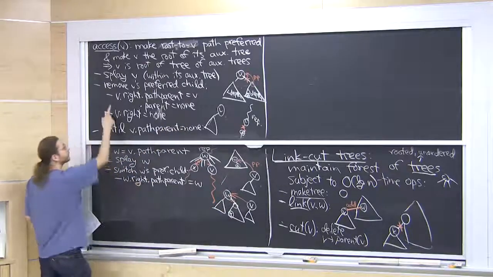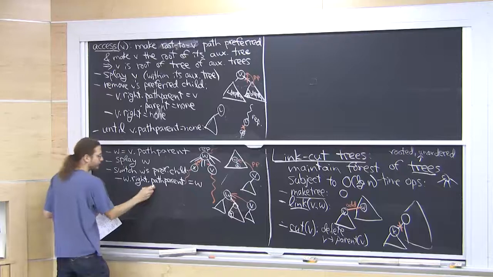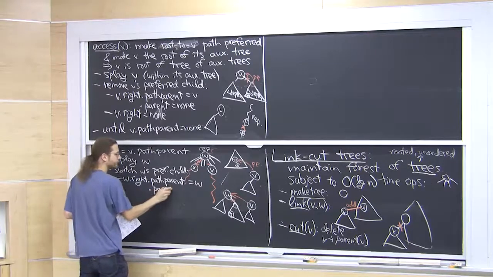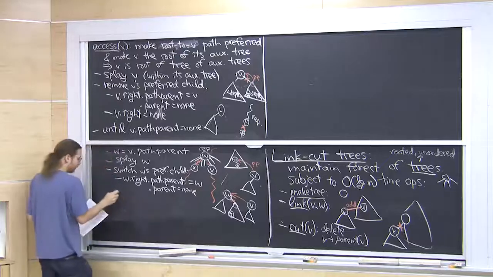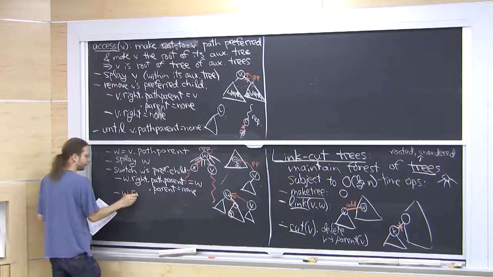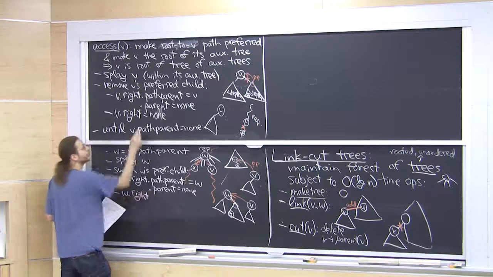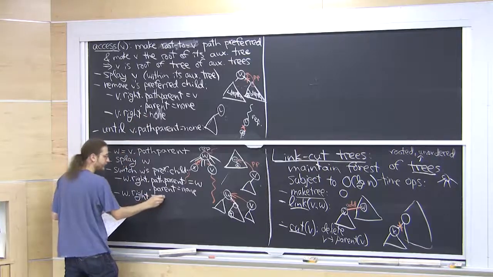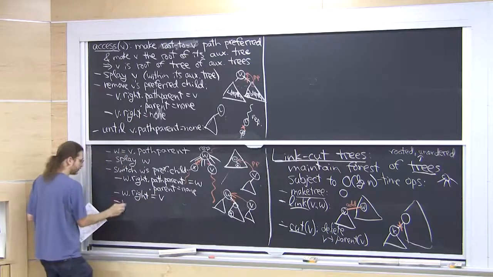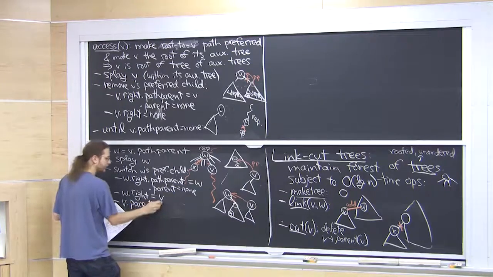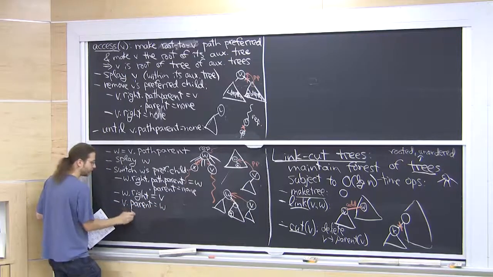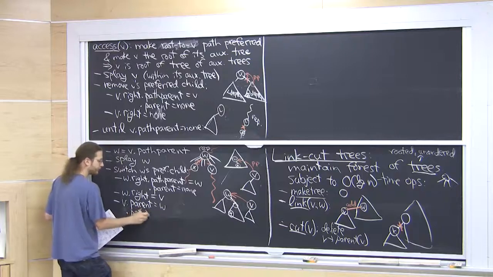This code is going to look very similar to these two lines. We set its parent to none. And W.right, up here we set it to none. Now we know it actually needs to be V, and then we set the reverse pointer. So V's parent is now W, and V no longer has a path parent.